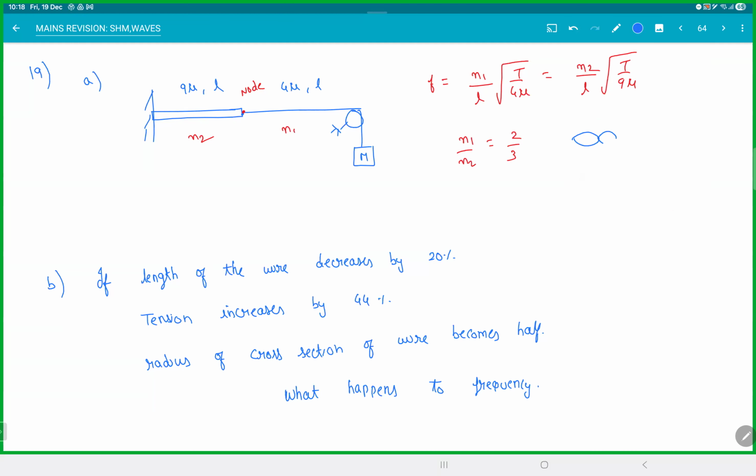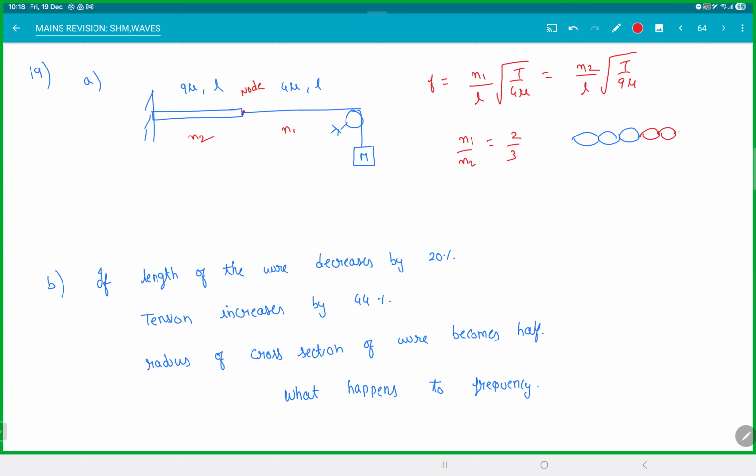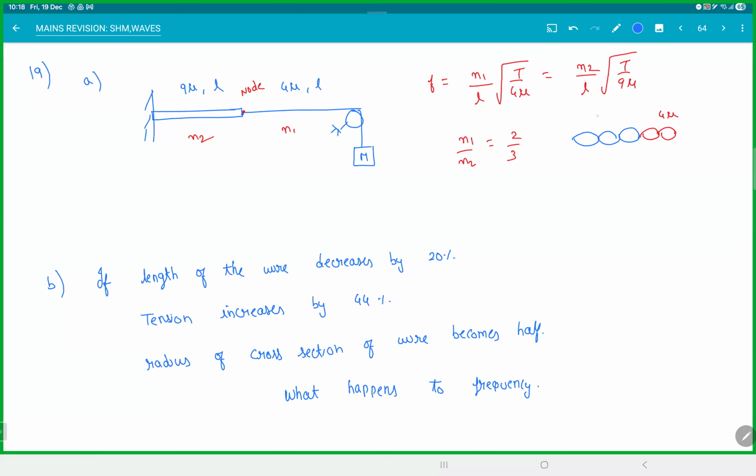So we have 3 loops and we have 2 loops. That means the second harmonic of the 4 mu string and the third harmonic of the 9 mu string, that is the first time when they will exactly match their frequencies. Getting it?